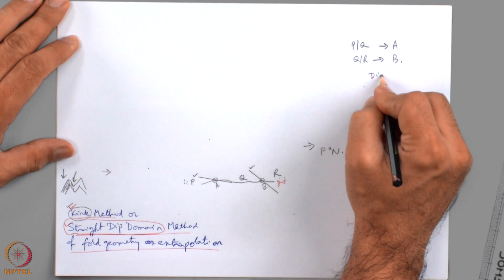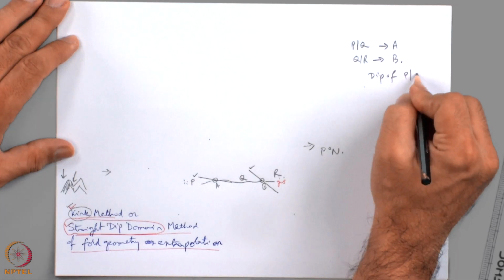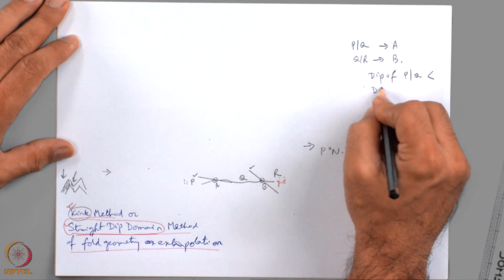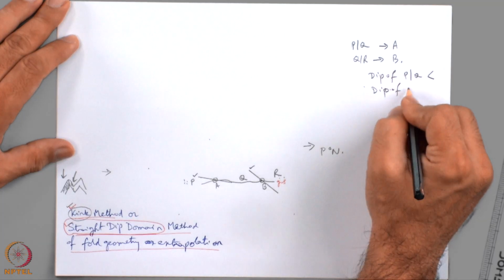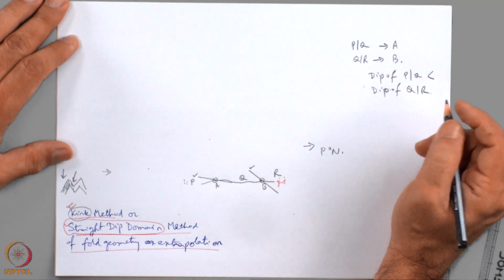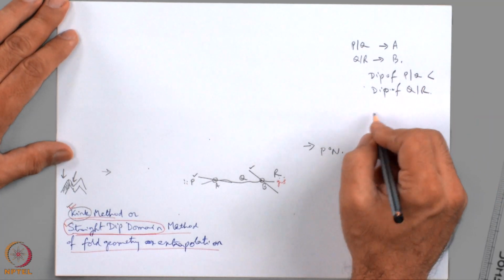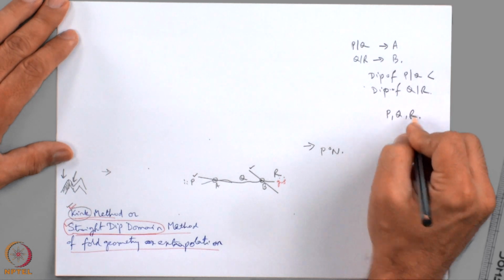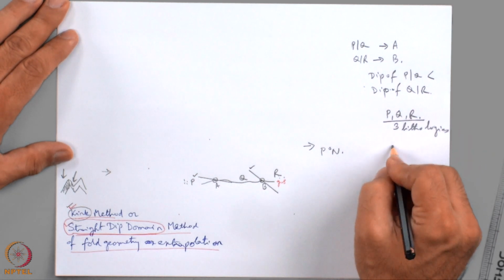The dip of the PQ contact is less than the dip of the QR contact. So, we are dealing with basically three lithologies P, Q and R and two litho contacts.